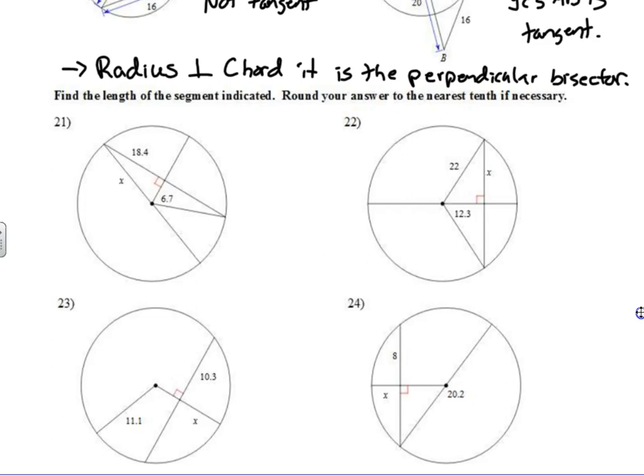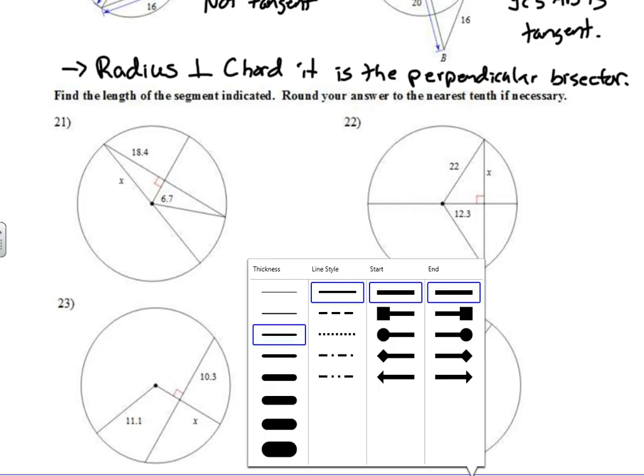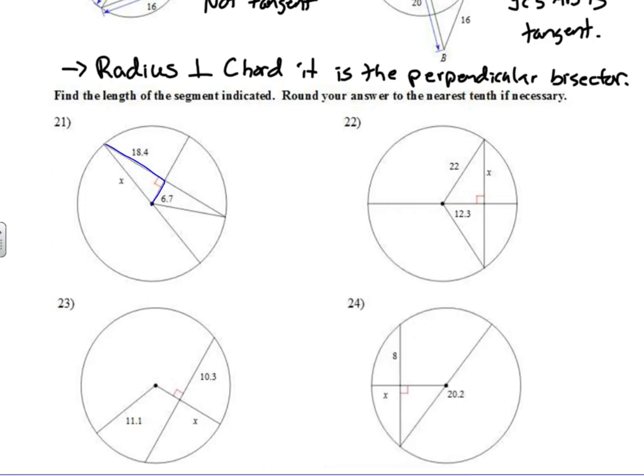Very simple in this first one that we're looking at, question 21, notice this right triangle. This is our hypotenuse, these are our legs, so it would be 18.4 squared plus 6.7 squared equals x squared.